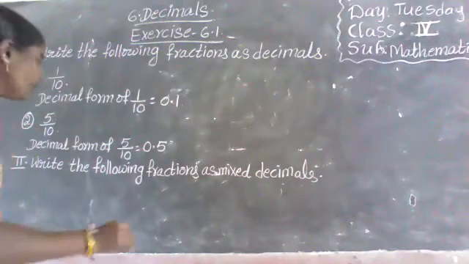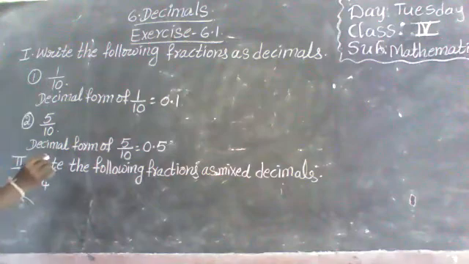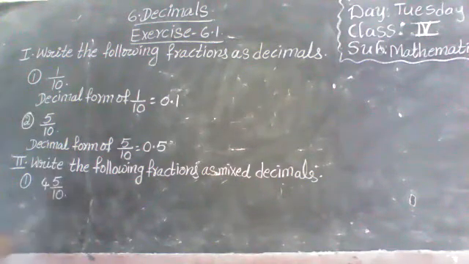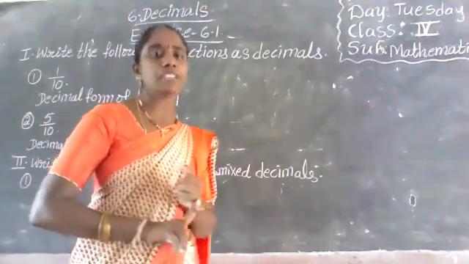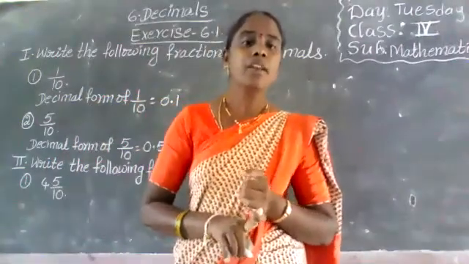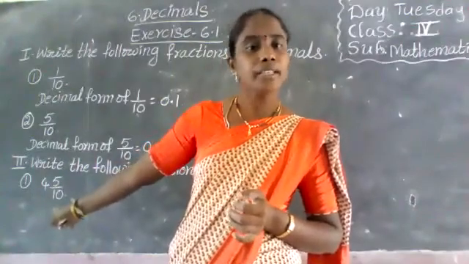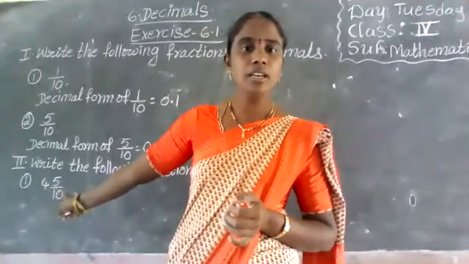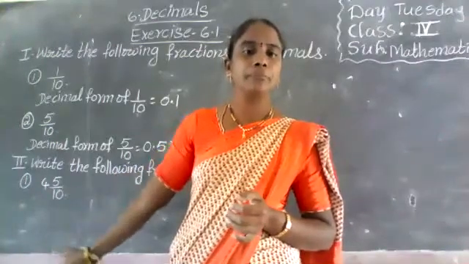First one is 4 whole 5 by 10. First of all, what is this fraction? It is a mixed fraction. 4 whole 5 by 10 is a mixed fraction, and 5 by 10 is a decimal fraction, since the denominator 10 is there. So these fractions are called decimal fractions. So how can we change it into a mixed decimal?